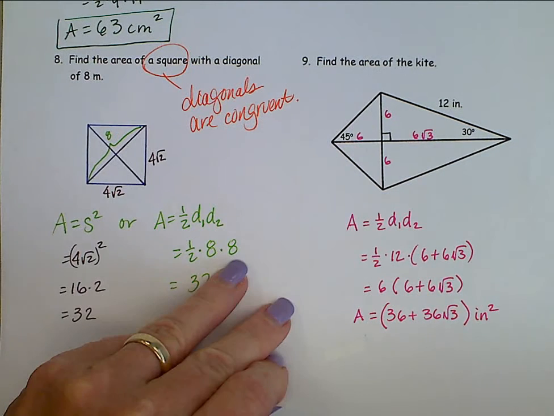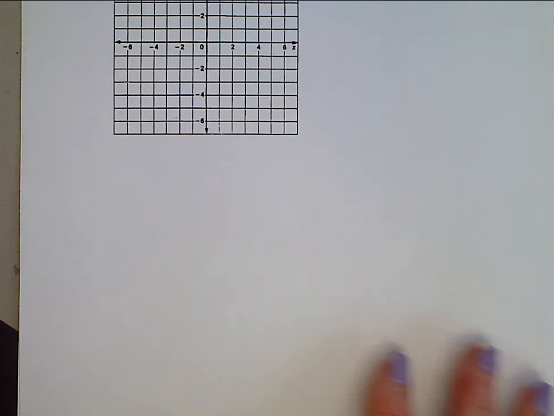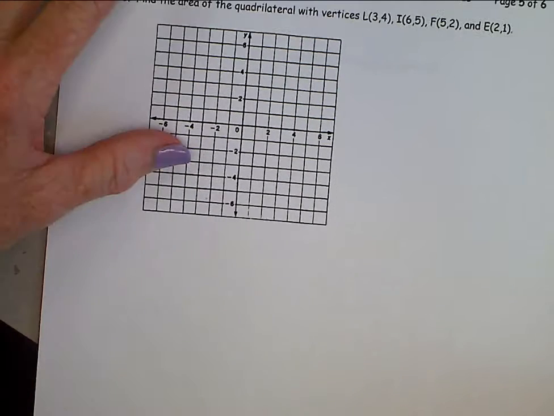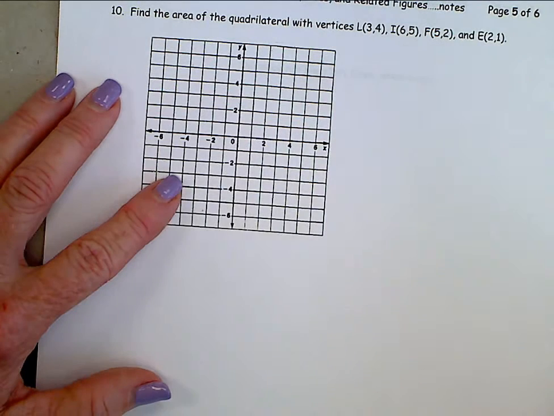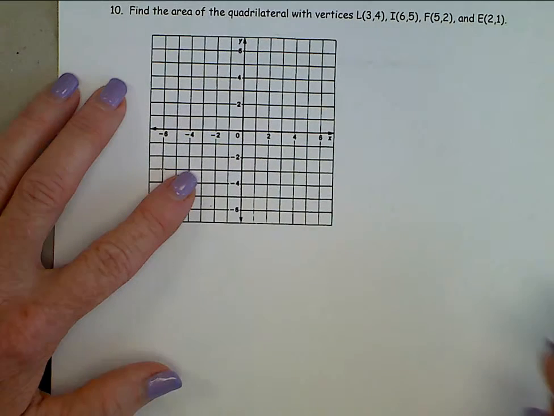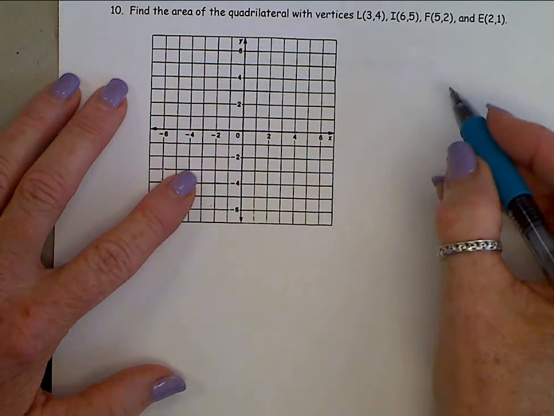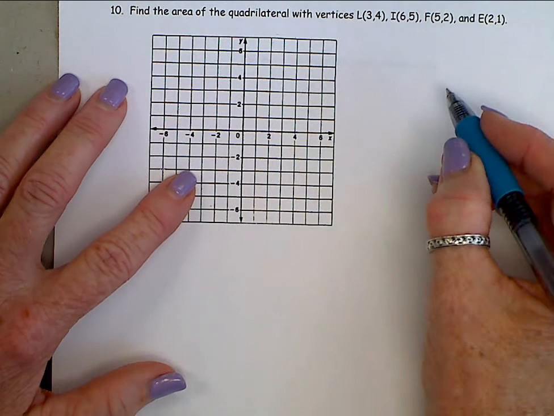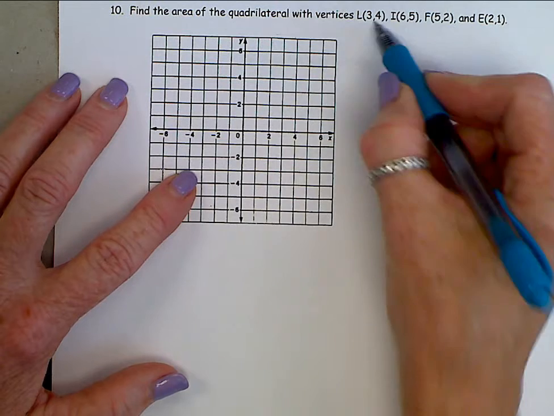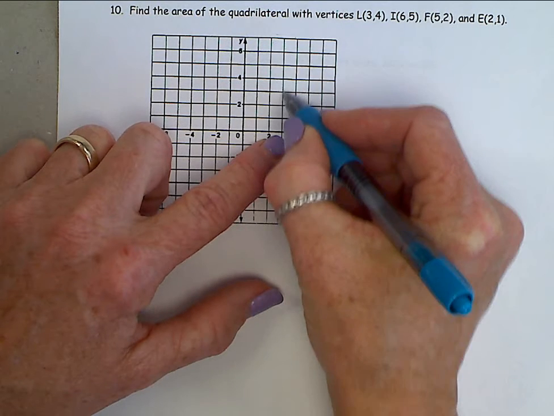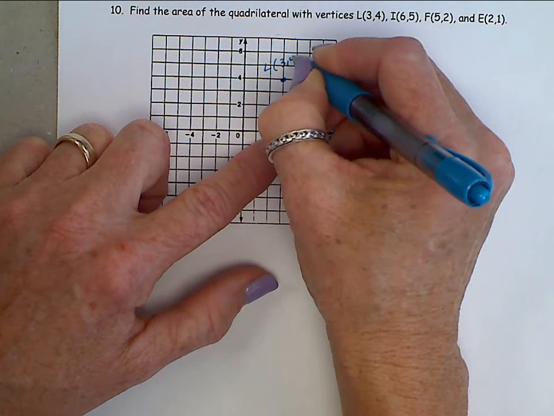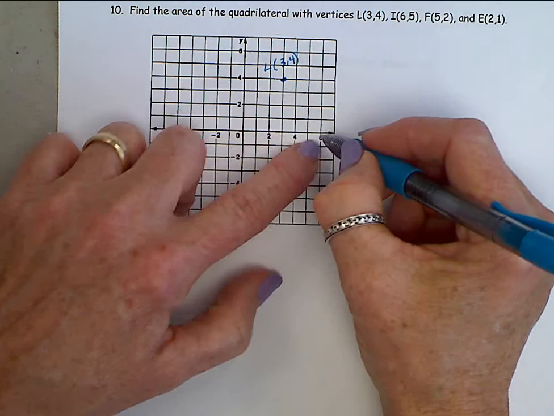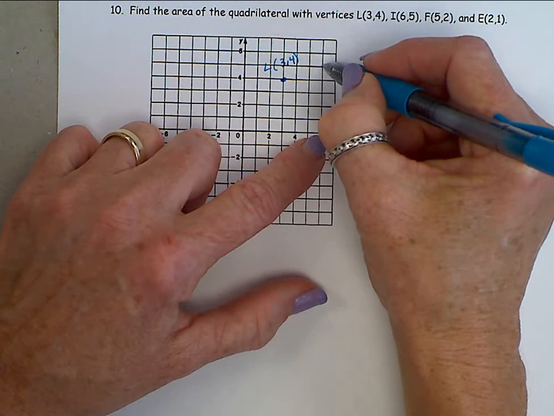All right, looking at this last page, page 5, we are to find the area of the quadrilateral with vertices 3, 4, 6, 5, 5, 2, and 2, 1. So let's plot that quadrilateral first. Let's see, 3, 4, there's L. I is at 6, 5.